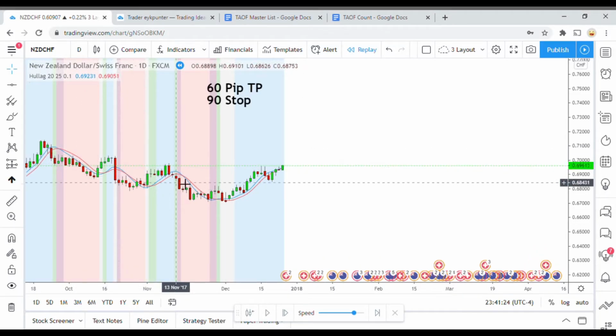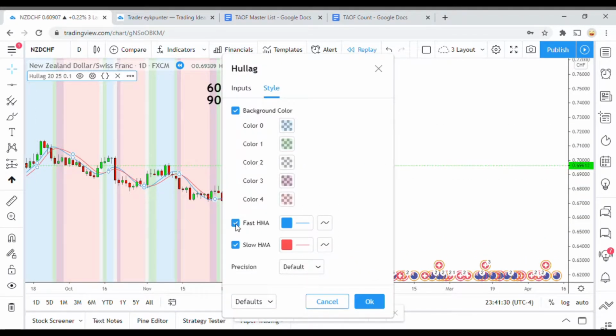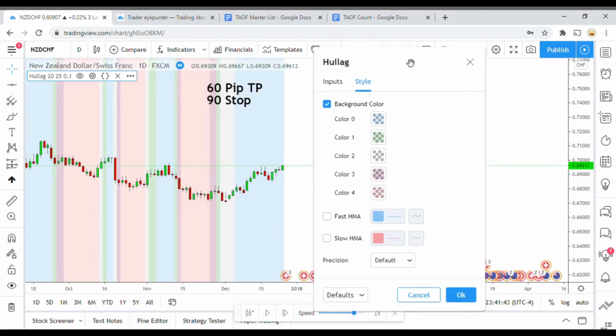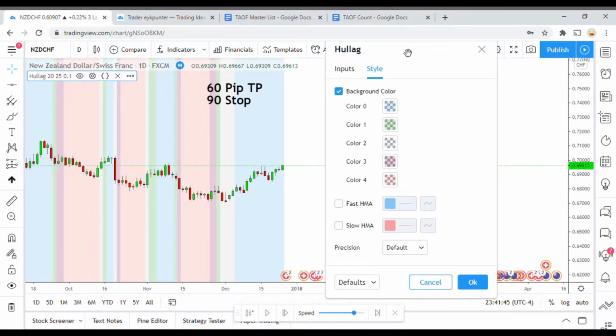And so really, we're not concentrated on the moving average lines themselves. So what we can do is go in and turn off the visualization of the moving averages, because again, we don't really need them there.